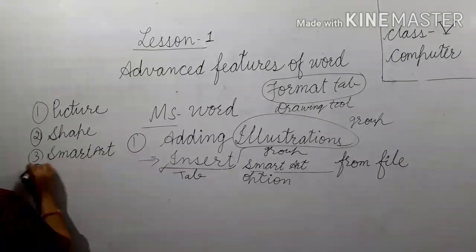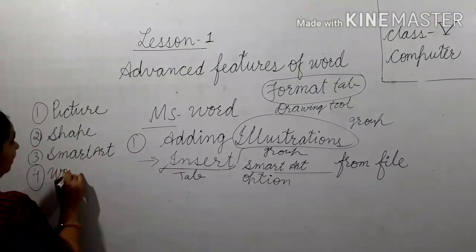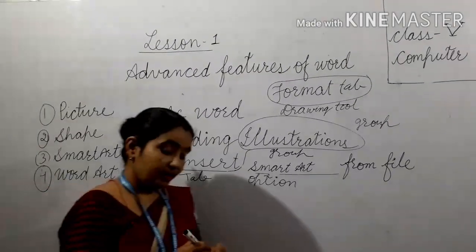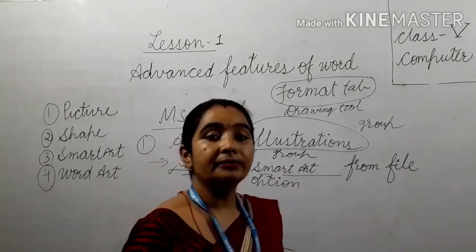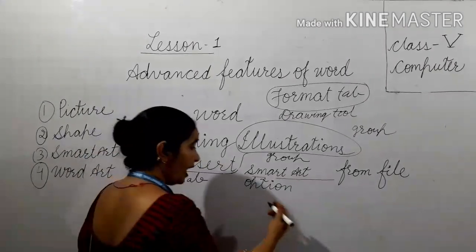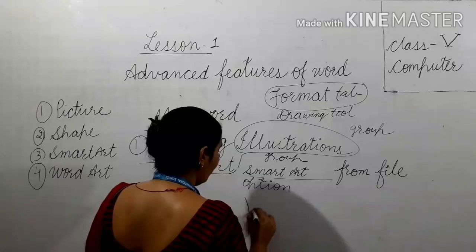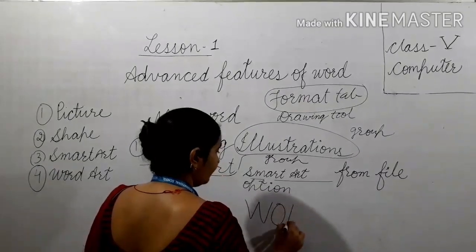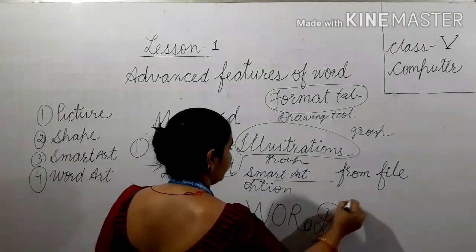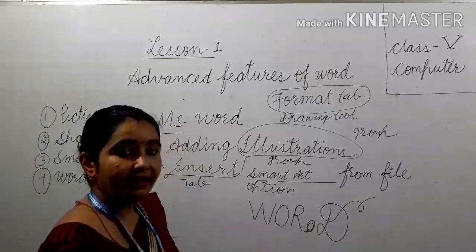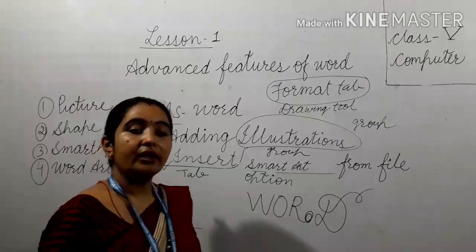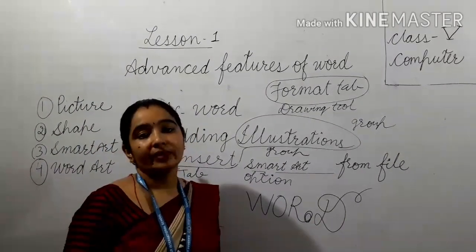Point number 4 or option number 4, that is word art. We use designer letters to decorate our chart, to decorate our headings, or even the picture which we like.